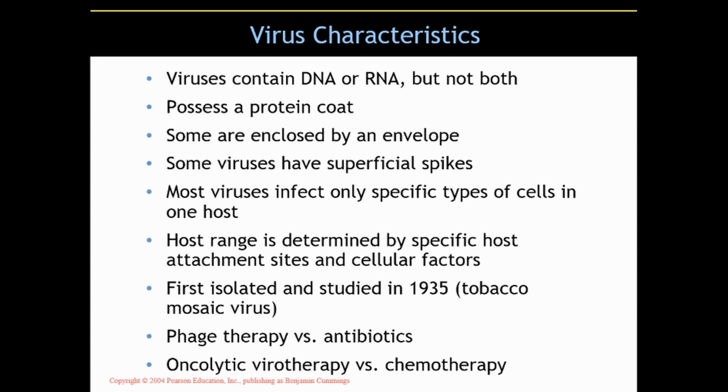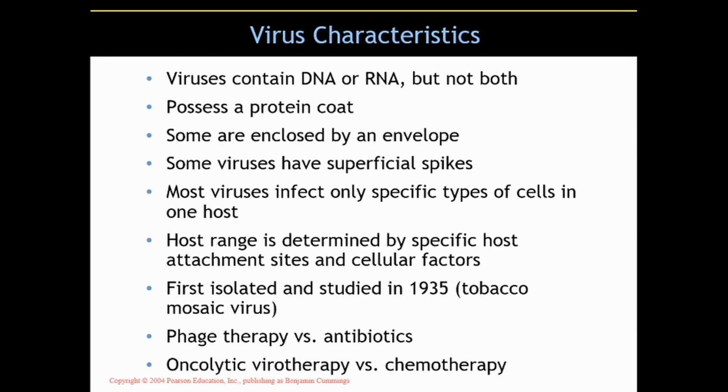Most viruses infect only specific types of cells in one host, so there's a high degree of specificity with viruses. When viruses evolve the ability to infect other species, that is a sign of alarm. They develop these adaptations, their genes will shift and they will mutate, and in some cases they're able to enter other species' cells or even groups of animals.